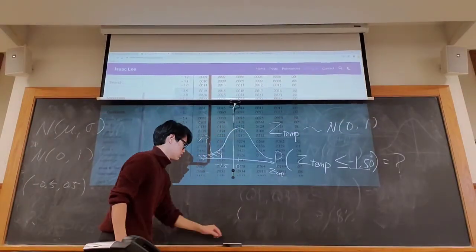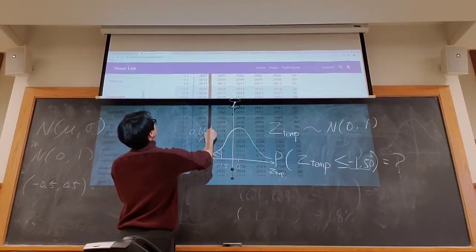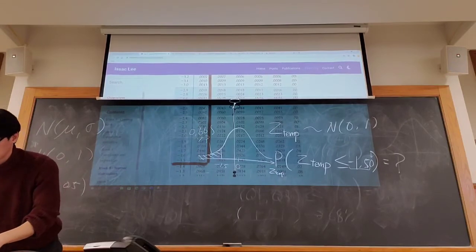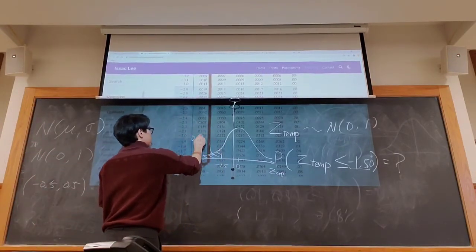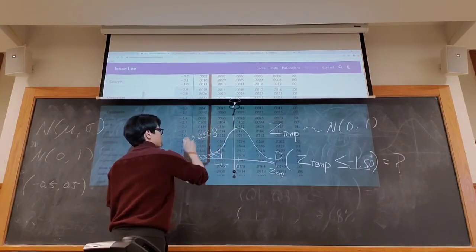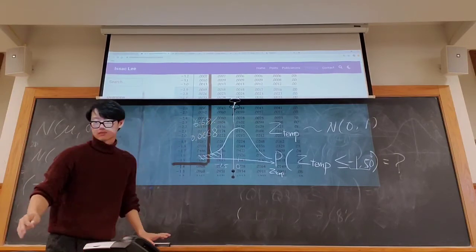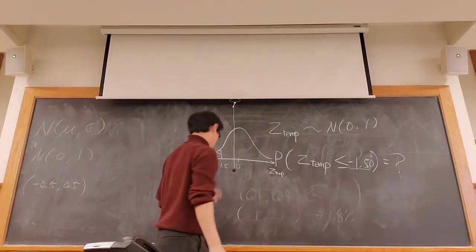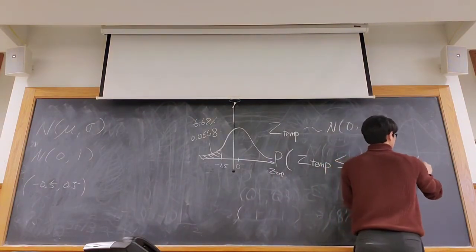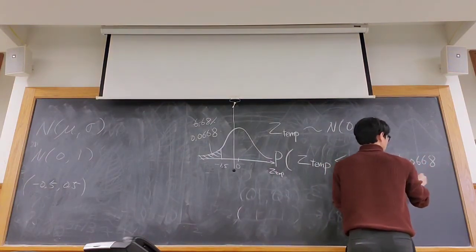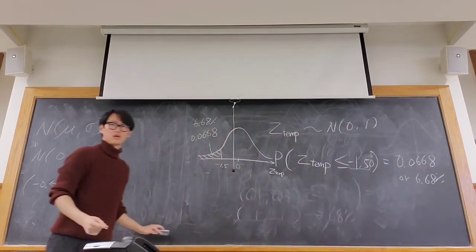So this means we have 0.0668, which means 6.68%, right? So I can put 0.0668 or 6.68% there. Okay?